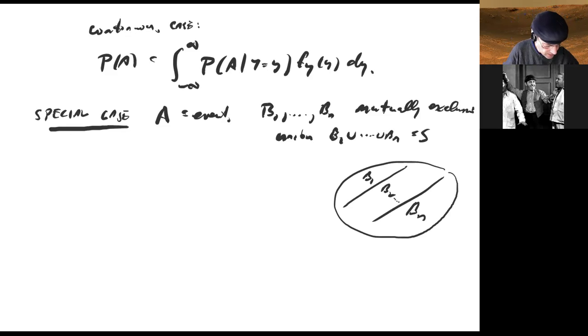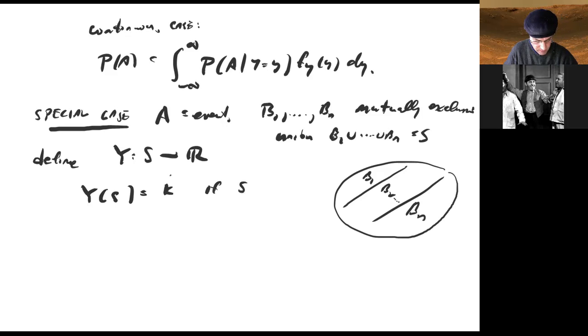So let's define a random variable y, a real-valued random variable, as follows. Let's define y of s, for s in S, to be given by k if s is in Bk.